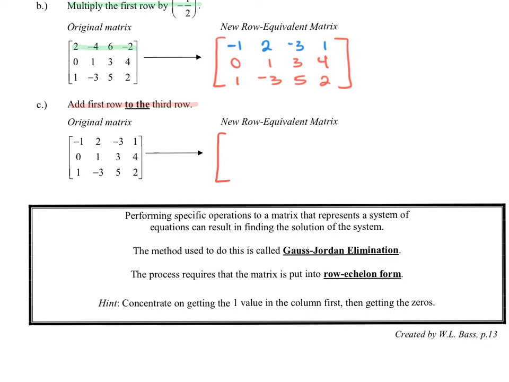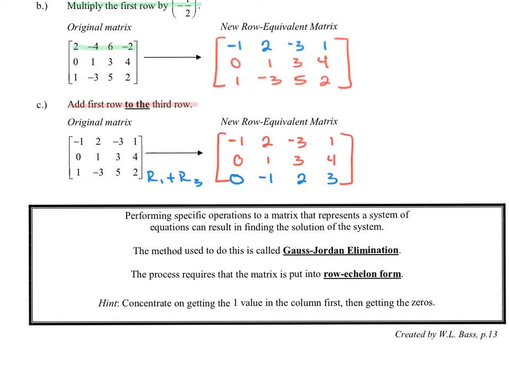So I'm going to keep my -1, 2, -3, and 1. I'm going to keep the 0, 1, 3, and 4. And then I'm going to take what I had for row 1 and add it to row 3. That's going to give me a 0, -1, 2, and 3.